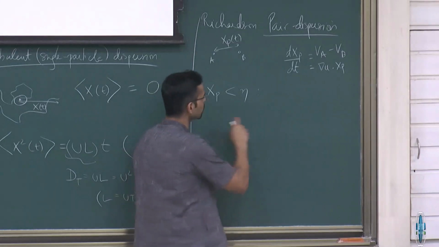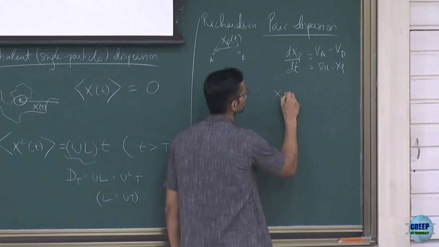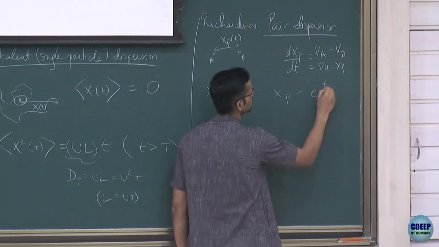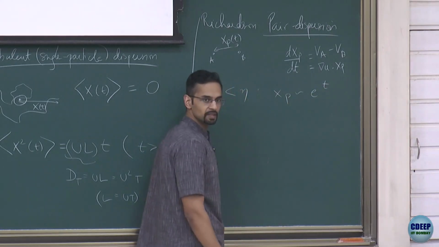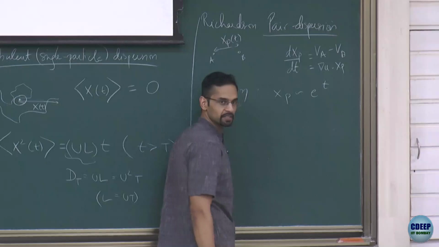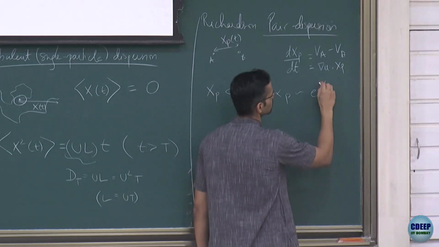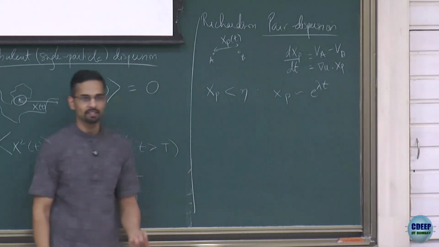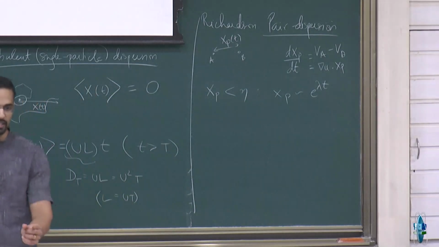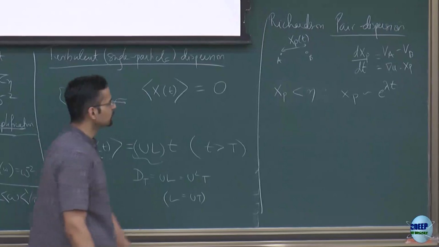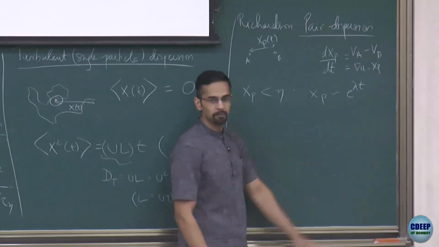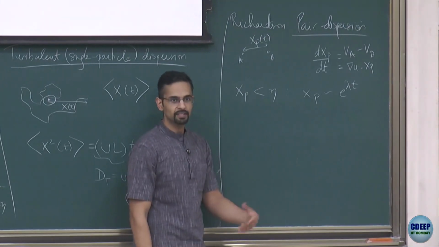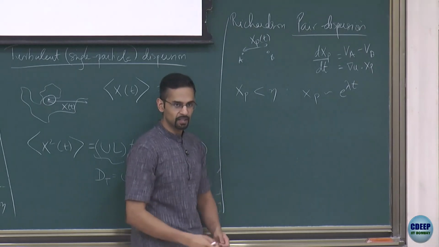So at small times, I will get xp going exponentially in time, with a time scale that depends on the velocity gradient. So the strict way to say it is, if you take many pairs very close to each other and look at them only below Kolmogorov, you will get exponential separation where lambda is a Lyapunov exponent. This comes from dynamical systems.